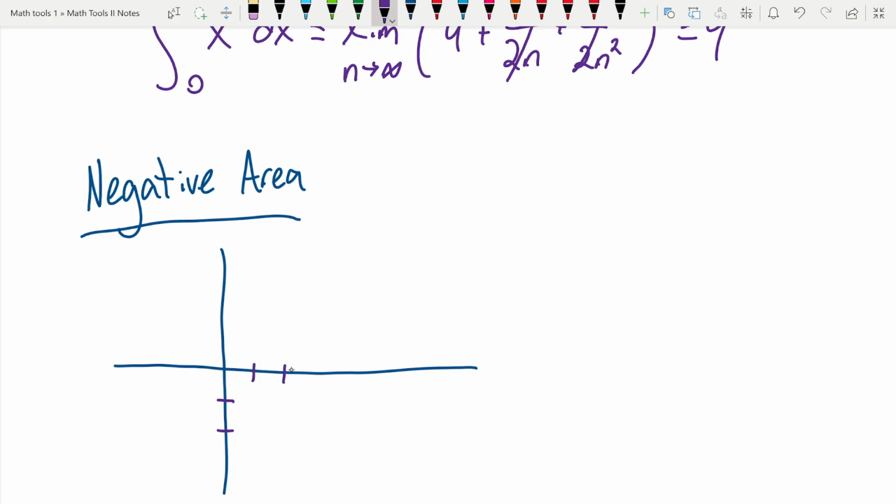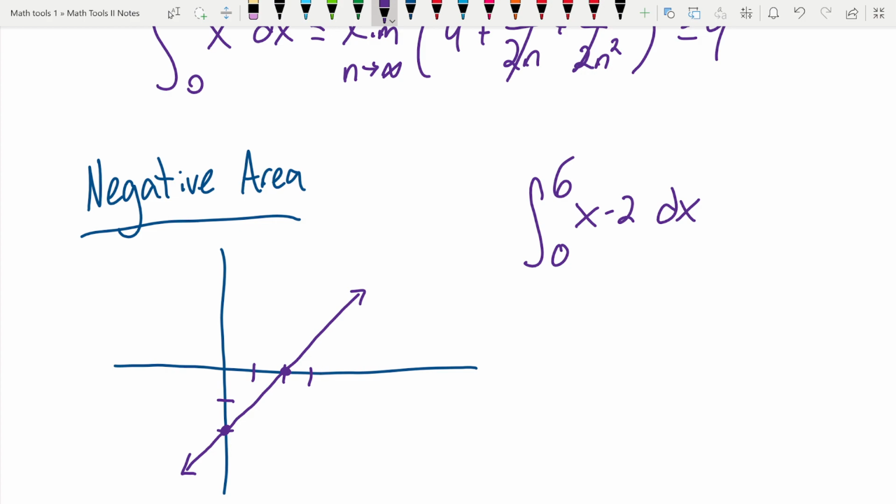So just to look at an example of this, let's consider the line y equals x minus 2. It's going to look like this with an x-intercept of 2 and a y-intercept of negative 2. If we want to find the integral from 0 to, say, 6 of x minus 2 dx, we don't need any limits, because notice that this is just making a triangle.